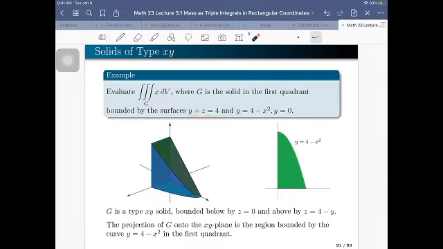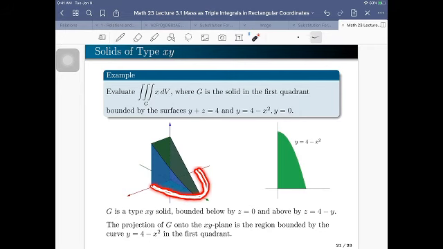And what about y equals 4 minus x squared? Again, you treat this as a cylinder. You look at the variables, you have y and x. So you look at the xy plane, and you draw y equals 4 minus x squared, which is nothing but a parabola.